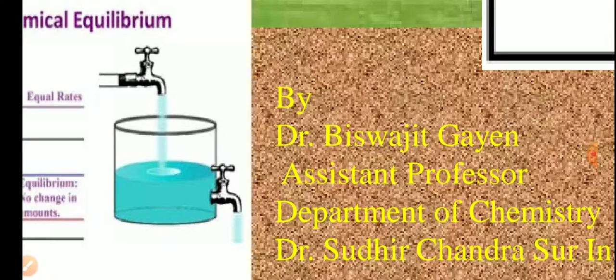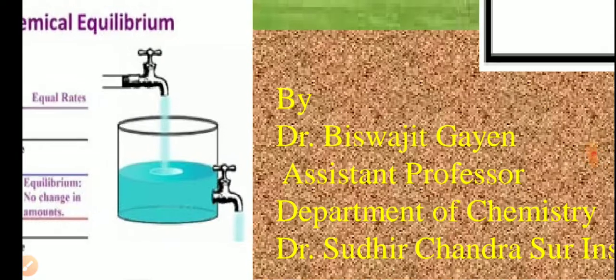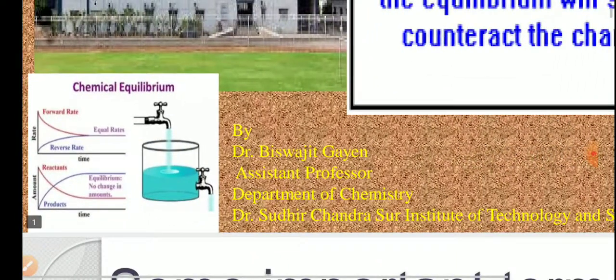But if someone thinks that there is no turbulence or disturbance in the tank, they are wrong. Because the water is coming from above and going out by another tap, the composition is the same over time, but it is under dynamic equilibrium.